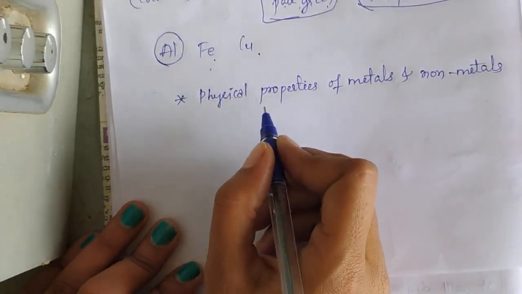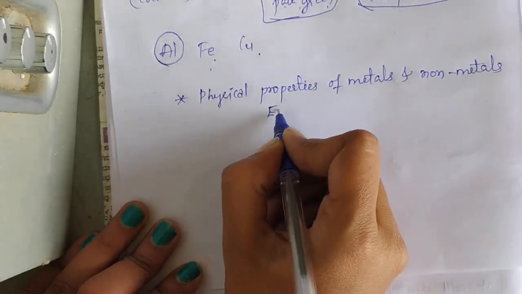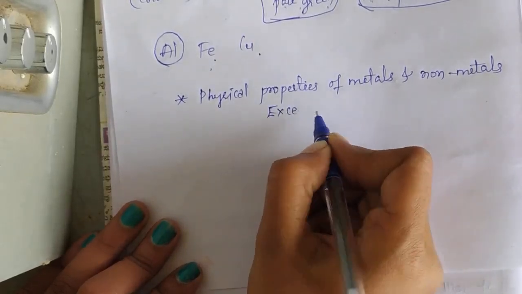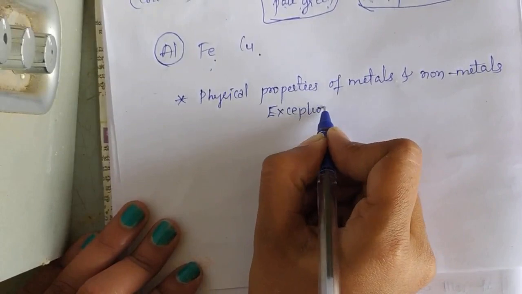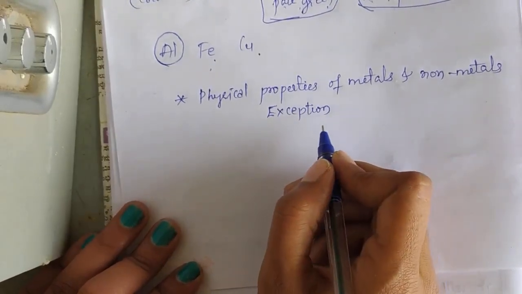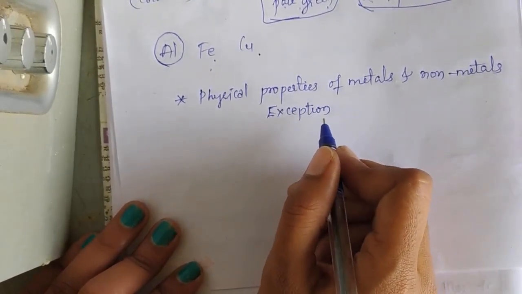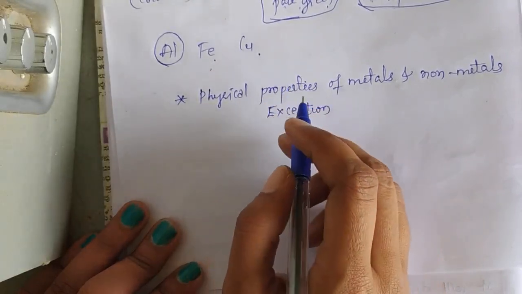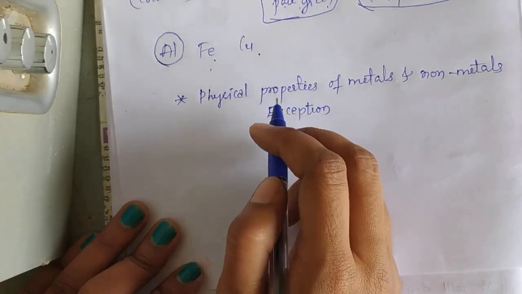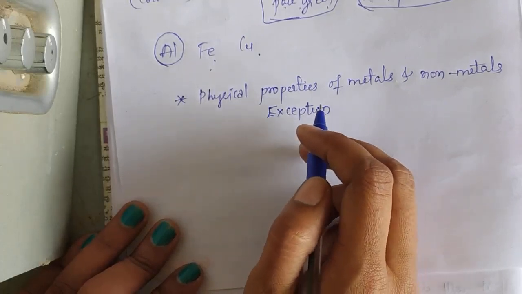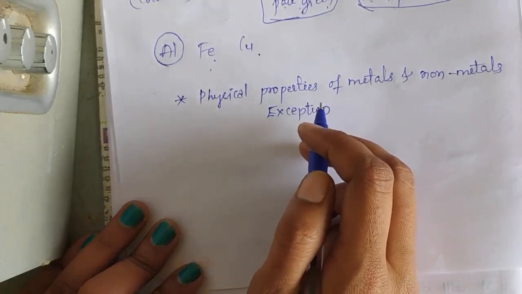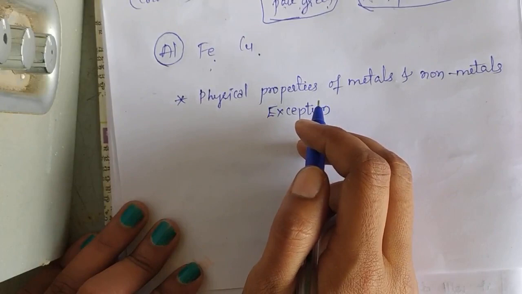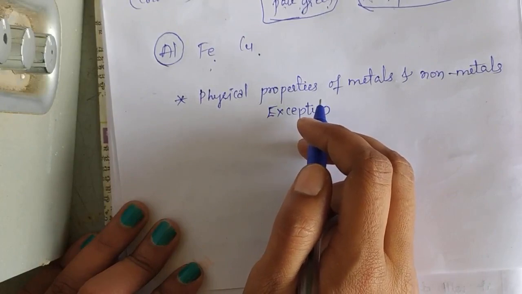In that you should concentrate on the exceptions. Okay, you should concentrate on the exceptions. Exceptional properties are there. Some of the metals and non-metals have exceptional properties. So children, try to remember those exceptional properties because they are very important and they will be asked in the applied form.